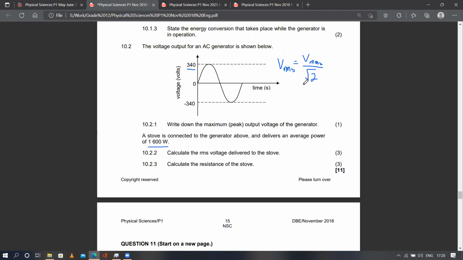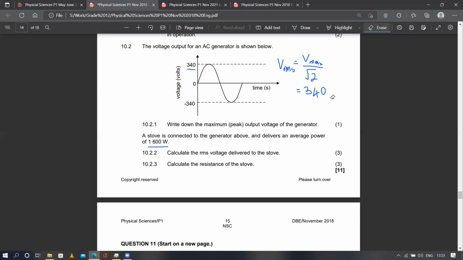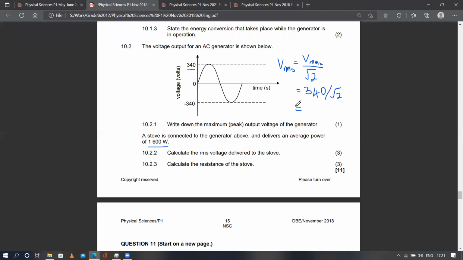So your root mean square voltage is gonna be 340 volts divided by the square root of 2.